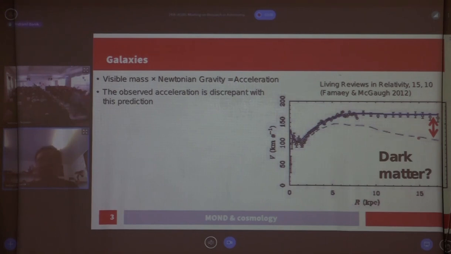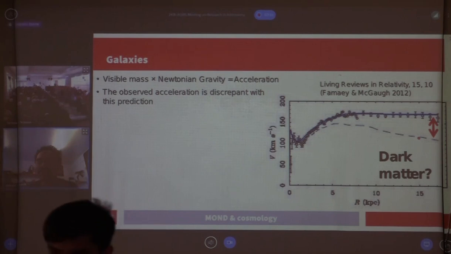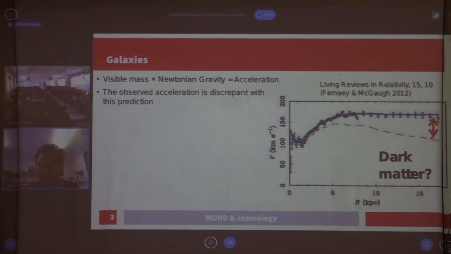Now, the fact that this does not happen is related to dark matter, as in if you add a vast amount of mass around a galaxy, of a form that no one's ever discussed, it would perhaps explain the observations. So in this picture, galaxies look kind of like this. So you have the visible disk of a galaxy, which is rotating too quickly.